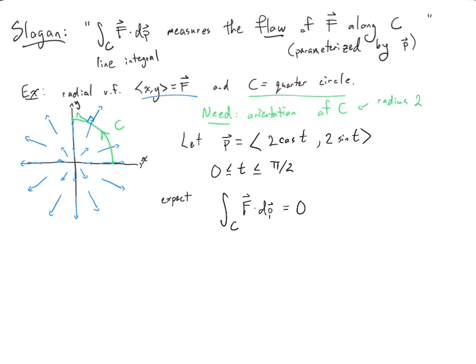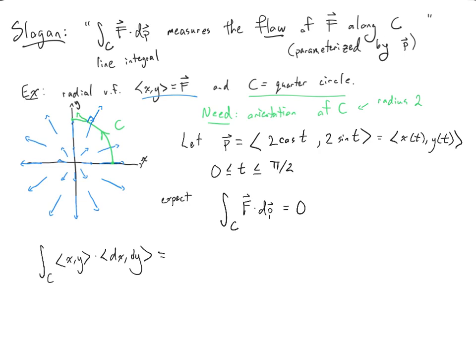So the integral along C of f, so f was x comma y dot dp, so dx dy. We said using the parameterization of p, this is x of t, y of t.